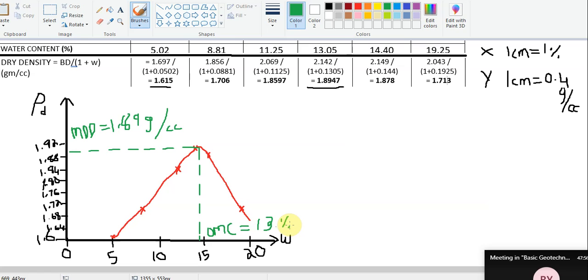Any doubts as to how to draw the compaction curve? The only point I want to stress is when you're taking scale for dry density, please see what is the highest value and what is the lowest value. Don't start the y-axis from 0, but if it is 1.61, start from 1.5 or 1.6 or 1.4, and depending on the highest value, choose your scale. 1 centimeter is equal to 0.4 or 0.3 or whatever.